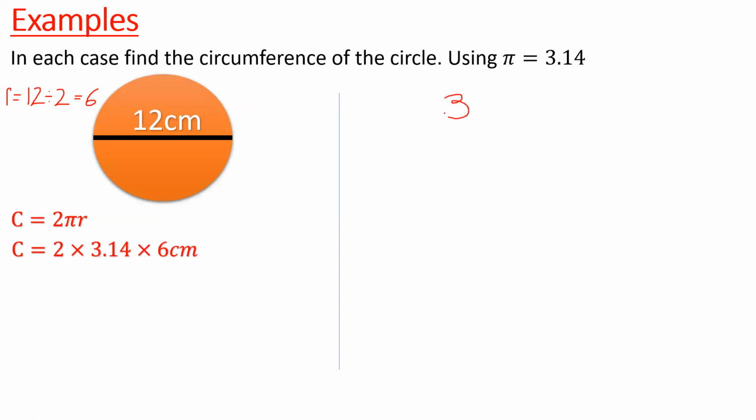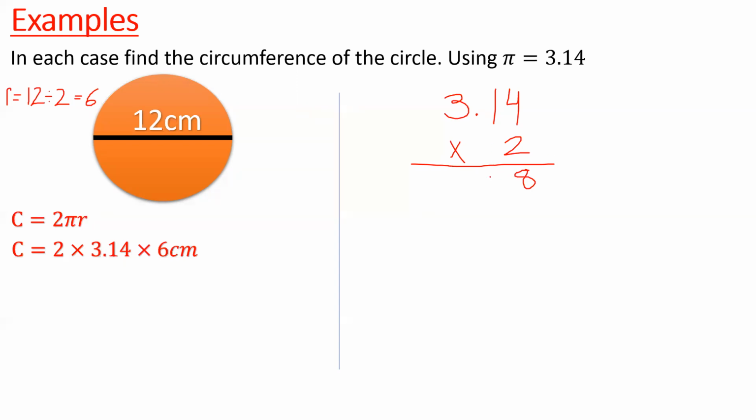So we have 3.14 multiplied by 2, right? Now question, what is 2 times 4? 8. Very good. And what is 2 times 1? 2.